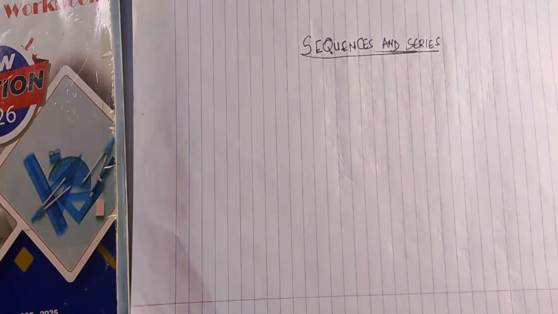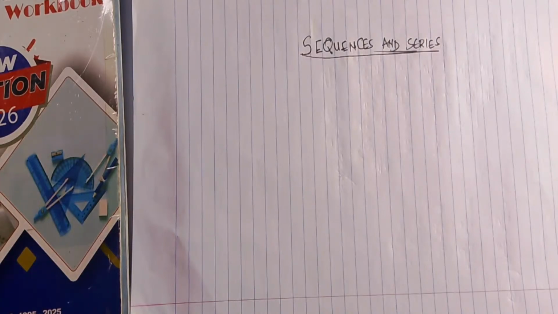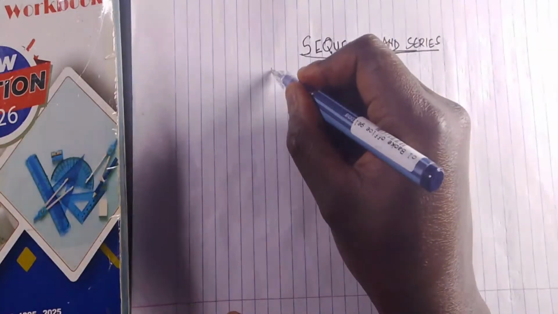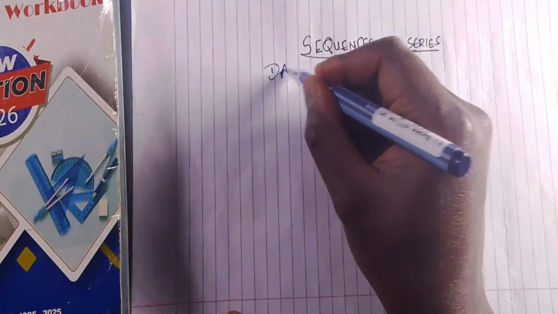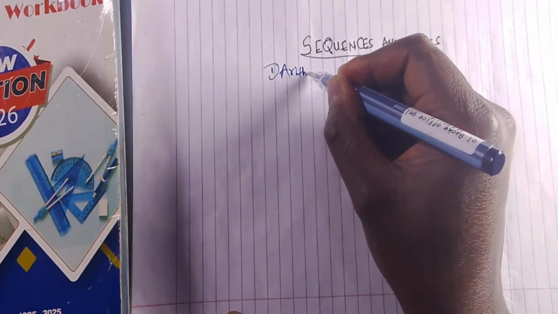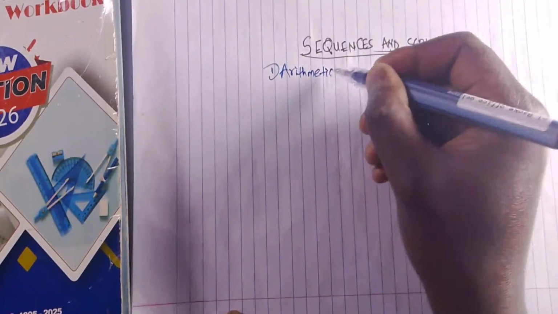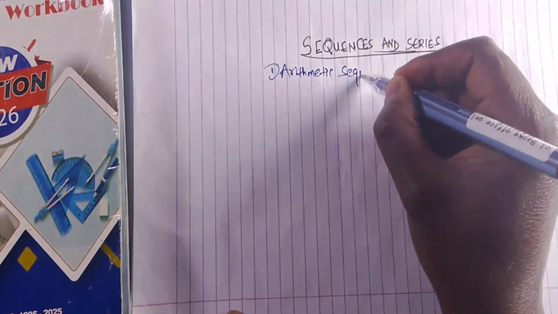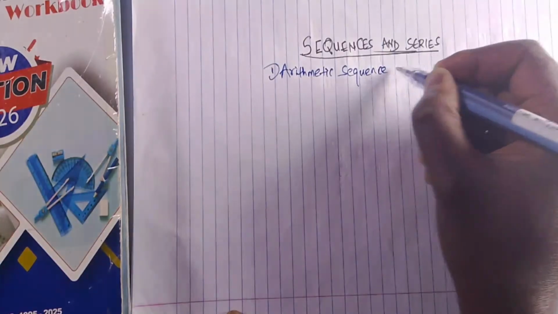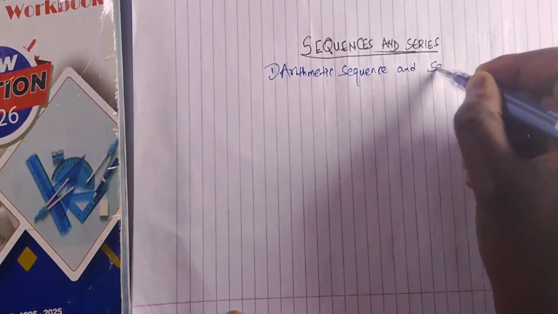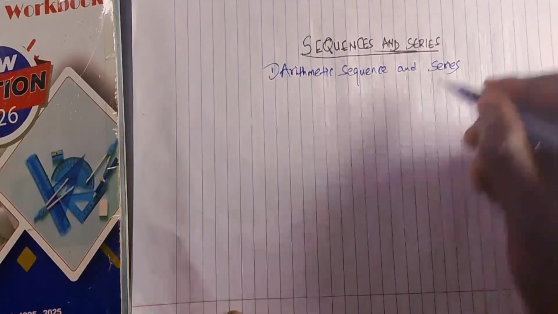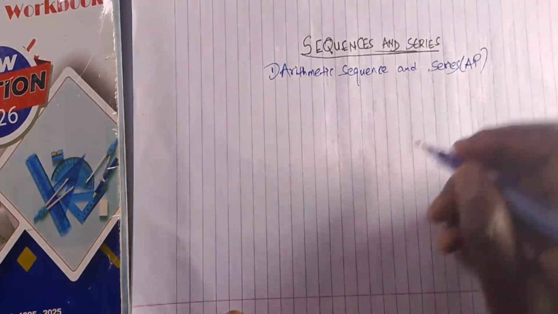So sequences and series, this is a very crucial topic in paper 2. And we are going to be learning about two different things. We are going to learn about what we call the arithmetic sequence and series, or what we call the arithmetic progression.